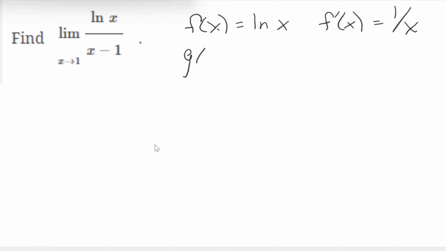And let's look at the same problem. So we've already determined this is an indeterminate form. So let's take the derivative of each. So my f of x is ln of x. So my f prime of x is 1 over x. My g of x is x minus 1. And my g prime of x is just 1.